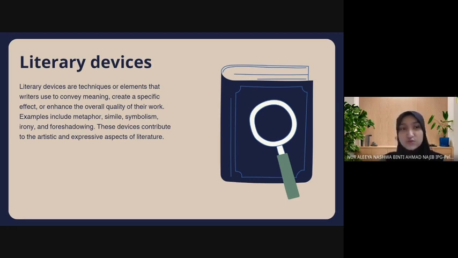If the author uses positive connotations, the literary work might create a more optimistic tone. Meanwhile, if they use negative words, it will create a somber or critical tone.